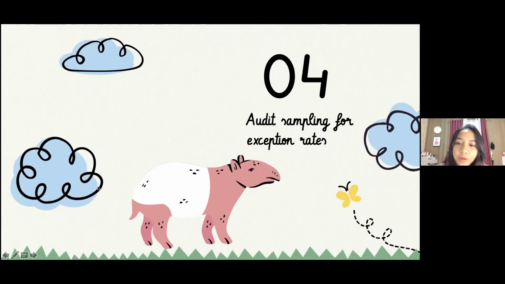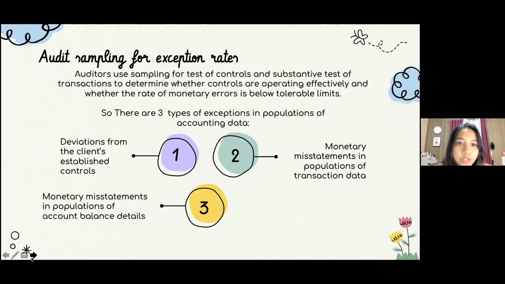The fourth point is audit sampling for exception rates. Auditors use sampling for tests of controls and substantive tests of transactions to determine whether controls are operating effectively and whether the rate of monetary errors is below the tolerable limits.